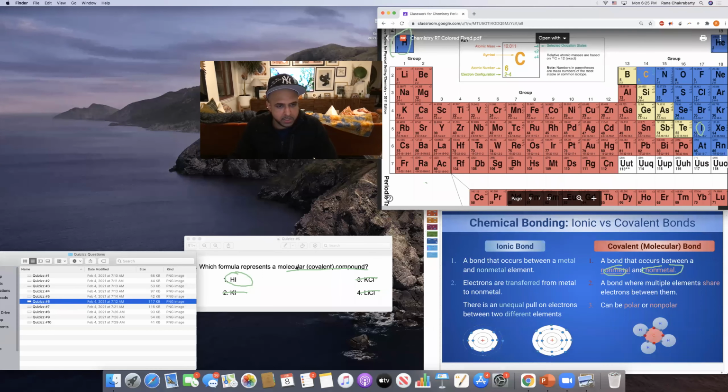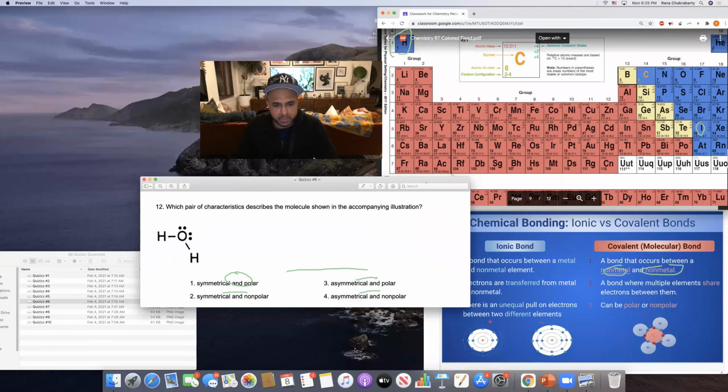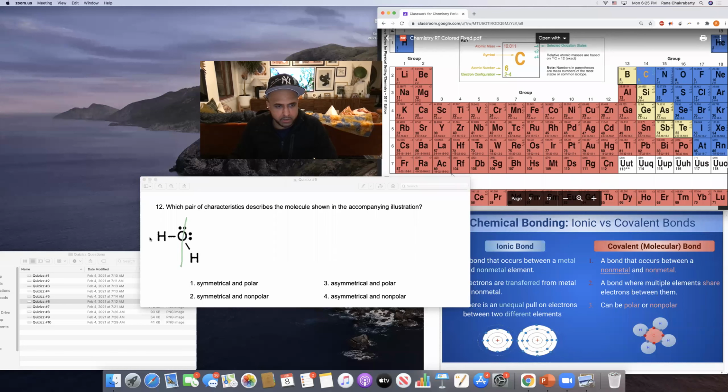Number 6, polar and nonpolar molecules. We should always just recognize that this is water. H2O is water. And we should also recognize that it has no symmetry, either up and down or left and right, either way. So if it has no symmetry, I can use the word snap.